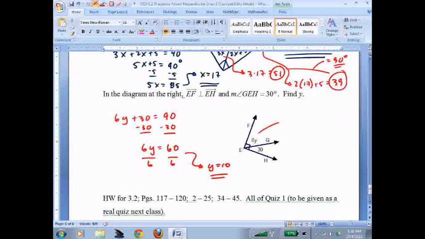Check it. 6 times 10 equals 60. This is 30. Add them together, you get 90 degrees. That's it. Good luck.